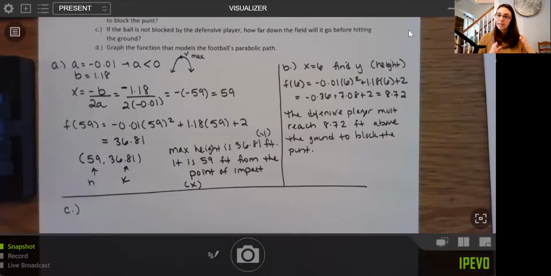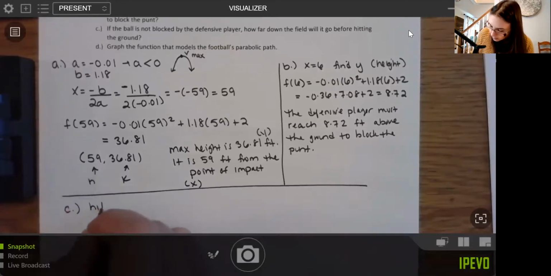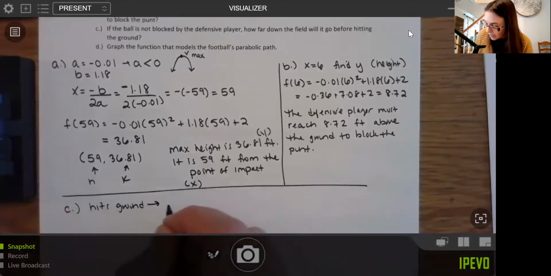So in part C, we're assuming that the ball was kicked, the defensive player missed the ball, and that ball is going to continue until it hits the ground. So we're looking at the hitting the ground place here. So how far until it hits the ground? Well, when something hits the ground, typically this means that your height is equal to 0, right?